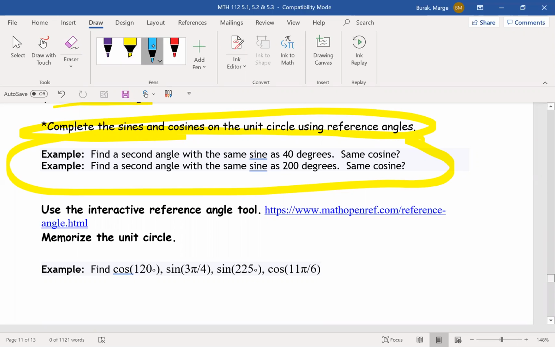These are things that you're going to be doing in your first or second forum, where you choose your angle and respond to somebody who has the same as you. But first, here's an interactive reference angle tool that I have opened up, and I'd like to share that with you.